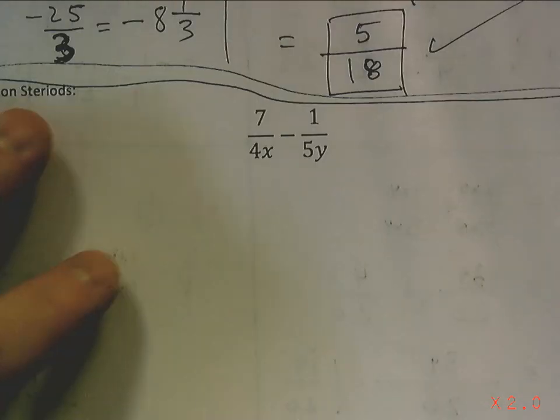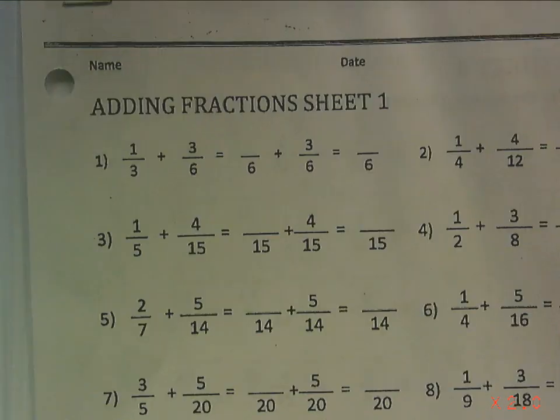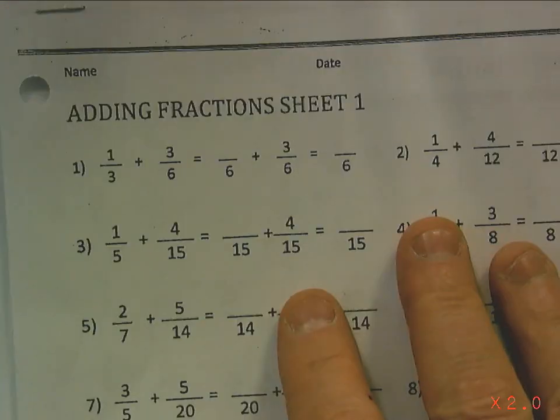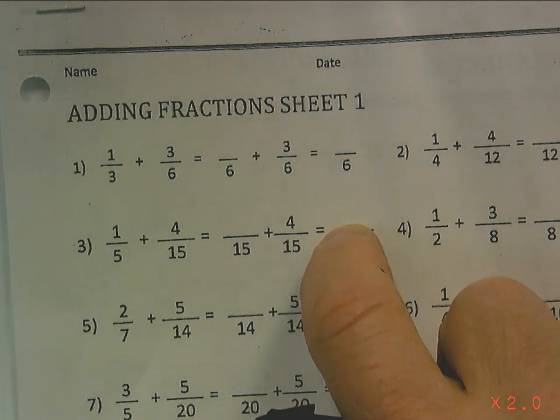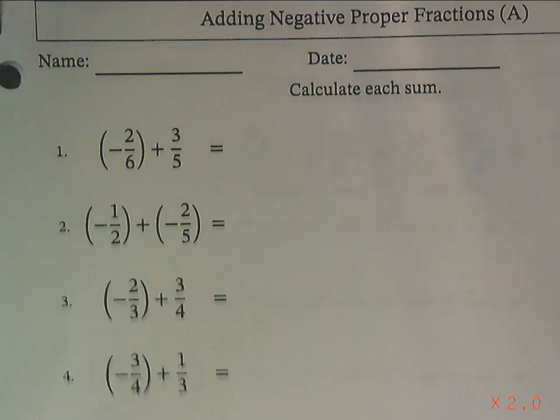Or Miss Kim, if she's there today, hopefully. Last class we had 2 sheets. There was this sheet, which was very basic, for those that need very basic to get the ball rolling. Or this one.